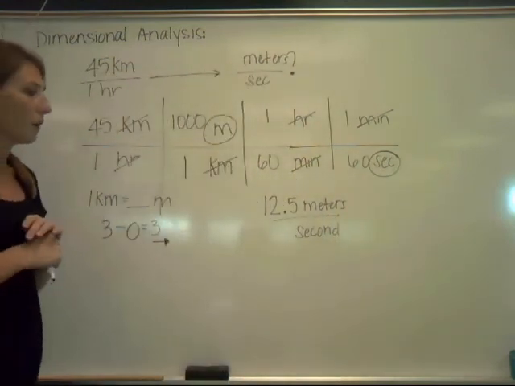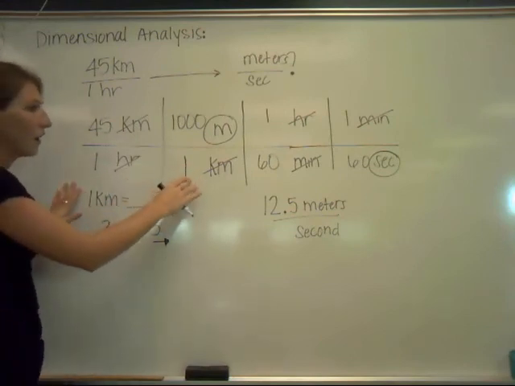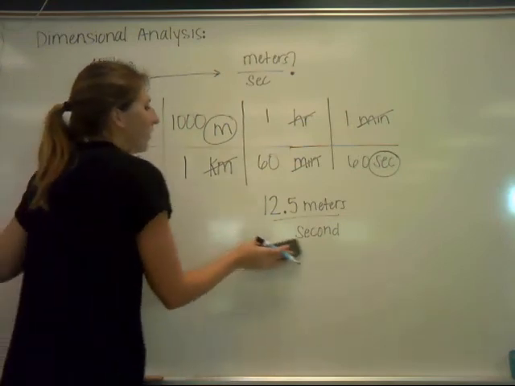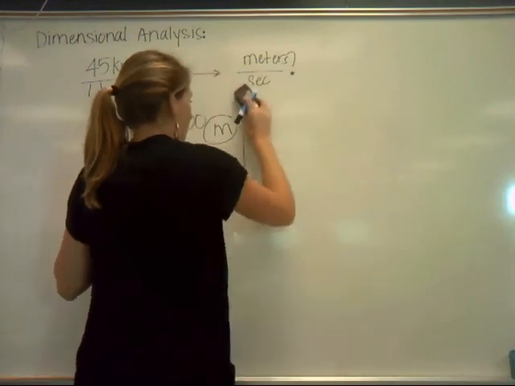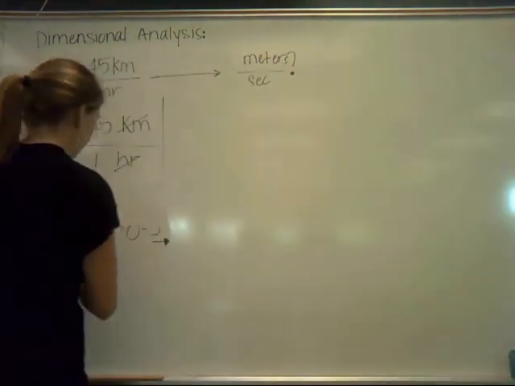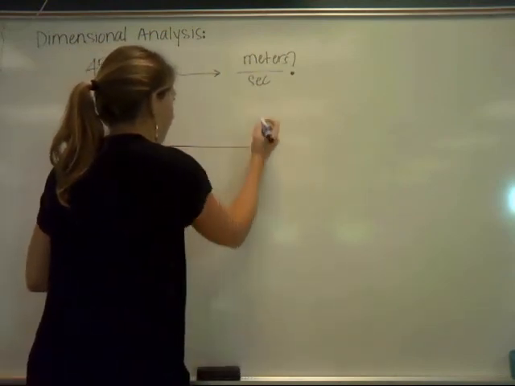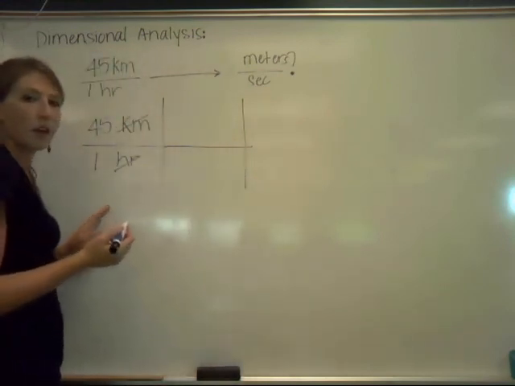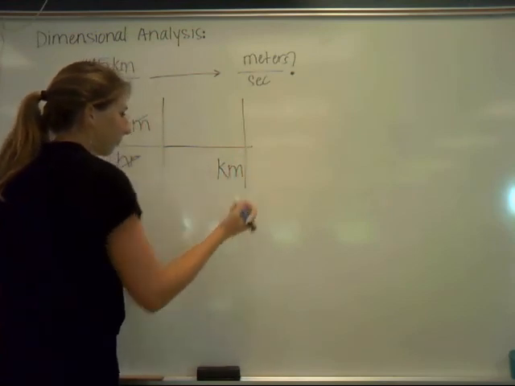A lot of people get confused when they're doing these problems because they get here and they don't know what conversion to use. So let's go back and revisit this for a second. Okay, now kilometers on the bottom.